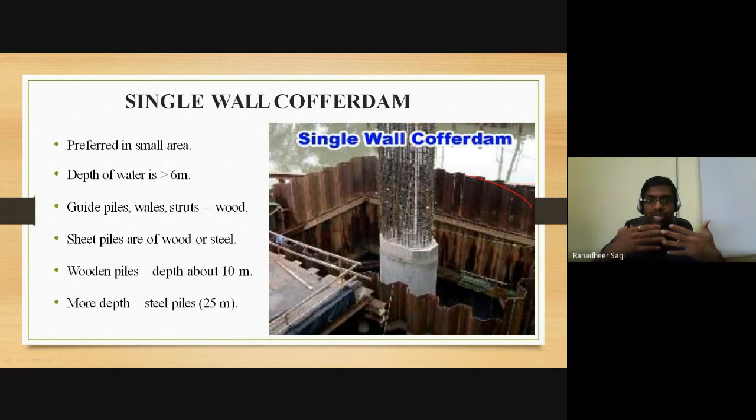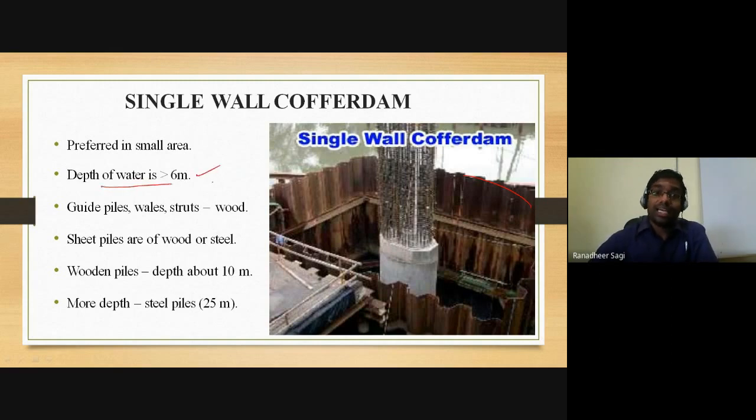Those bracings act like supports to ensure that the sheets driven into the ground are firm, and they give stability against the rotation and failure expected to happen because of the water force exerted on the surface of that particular cofferdam structure.